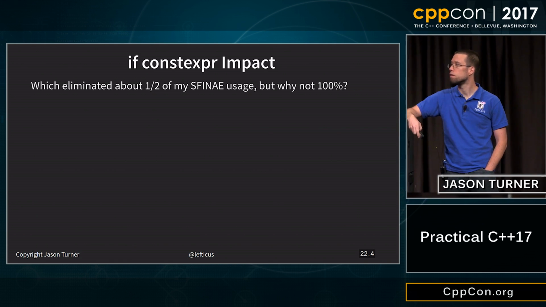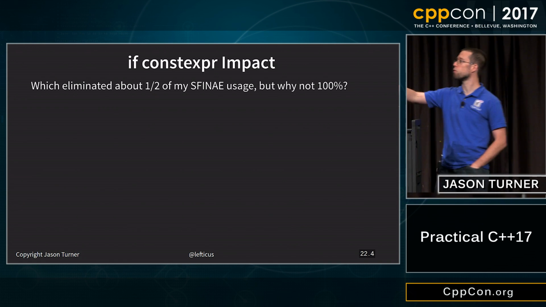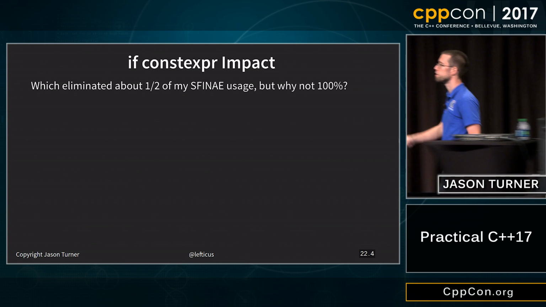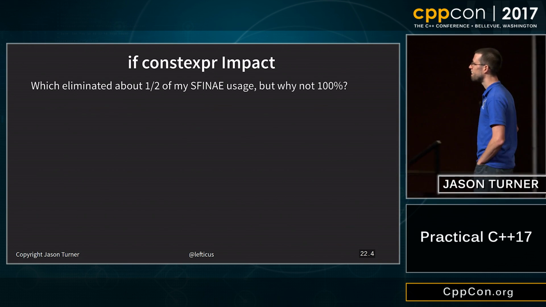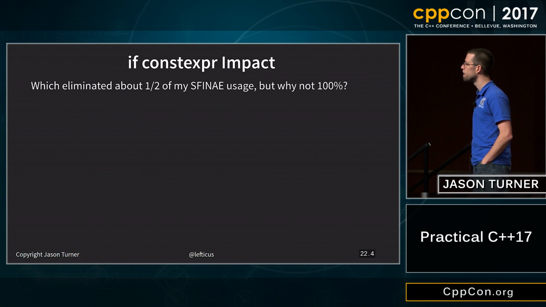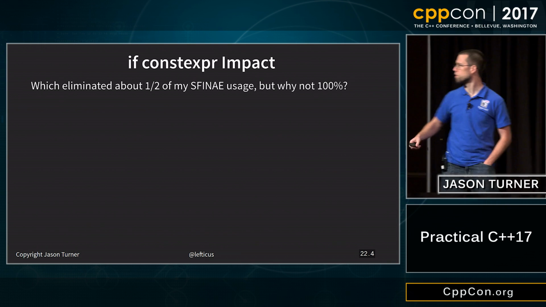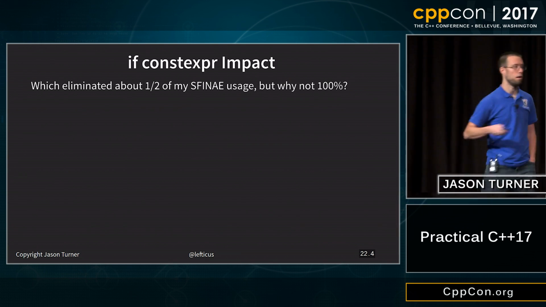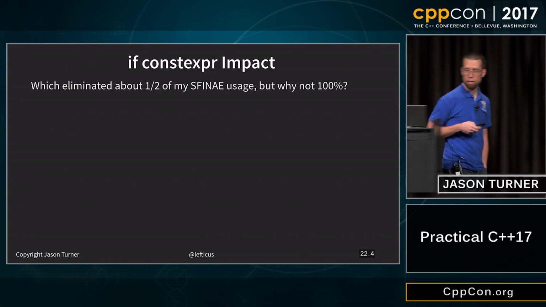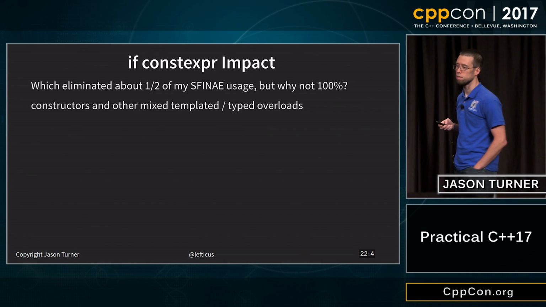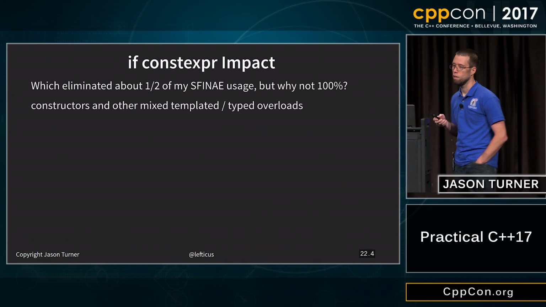Anyone? Yes, to actively deactivate function calls that should not be called. And that is basically, yes, constructors and other things where you might have a mix of templated and other overloads.